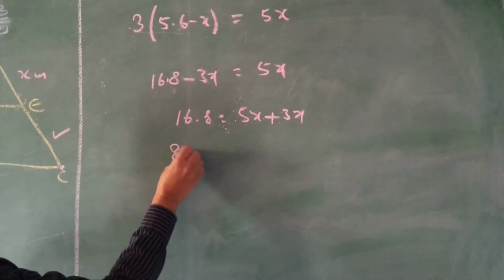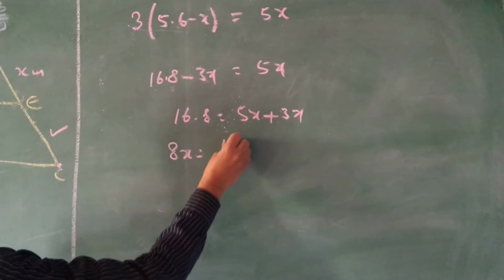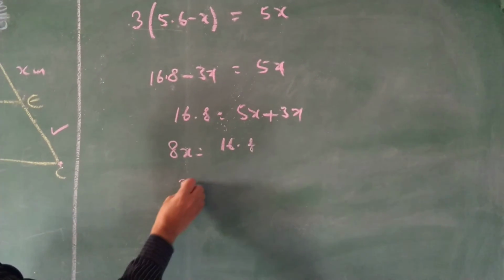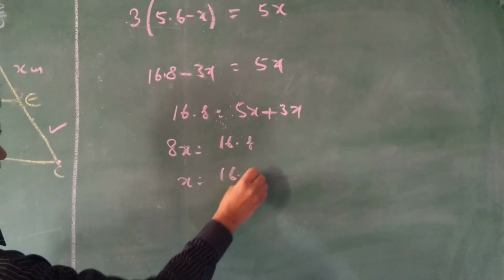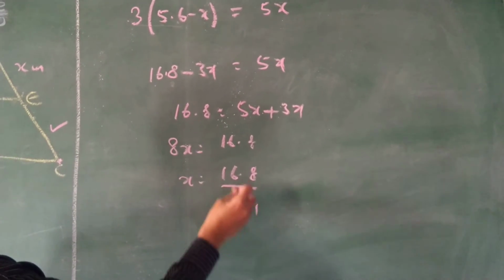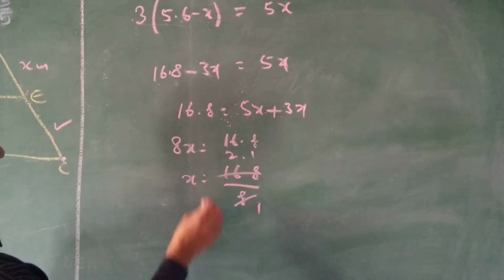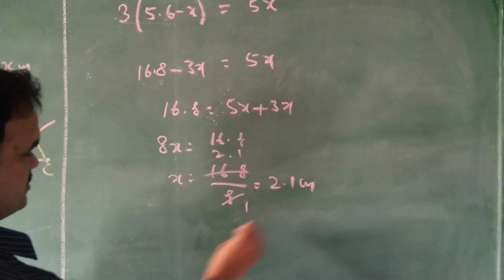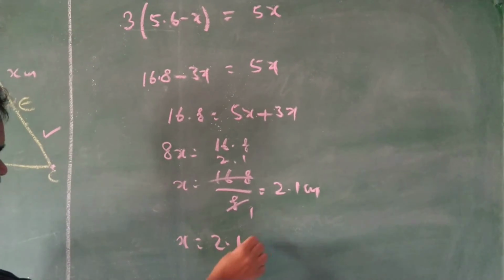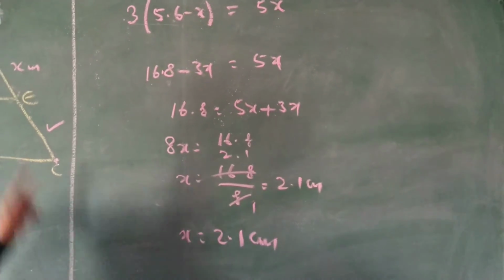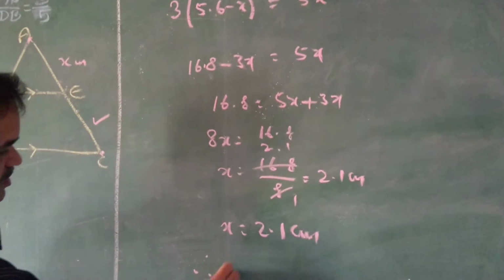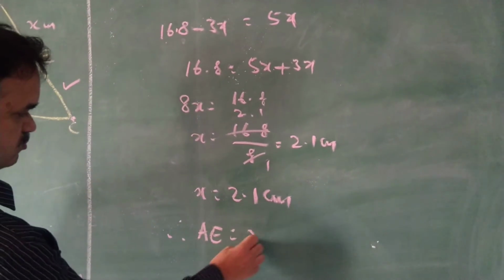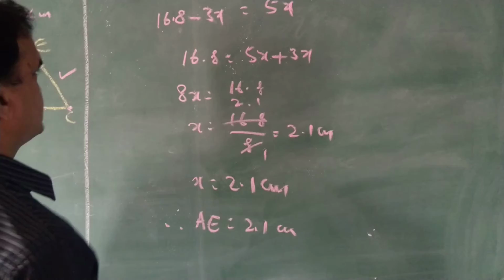Here 8x is equal to 16.8, so x is equal to 16.8 by 8, which is 2.1 centimeters. That x is AE. Therefore, AE is equal to 2.1 centimeters.